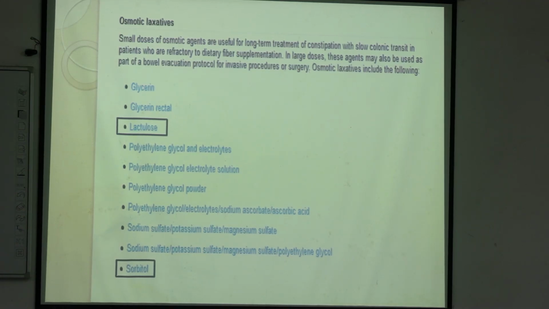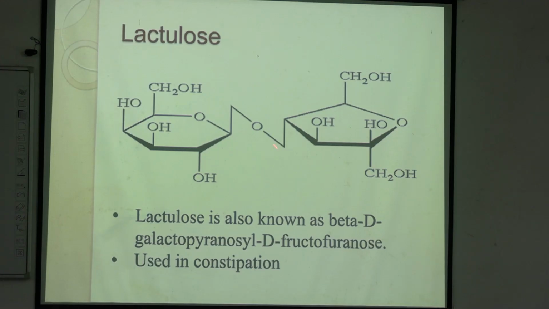Okay, the examples are lactulose and sorbitol. Sorbitol is natural, lactulose is artificial. It is an artificially produced disaccharide. Okay, here galactose and fructose. So the glycosidic bond is a beta glycosidic bond.